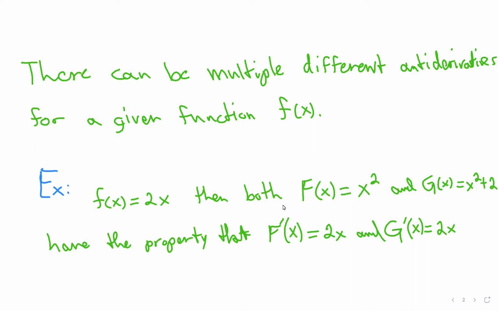And if you take the derivative of capital G of x, which is x squared plus 2, you'll get the derivative being 2x out of that as well, since that extra 2 that we added on is just going to go to 0 if we take the derivative. So you actually end up with 2x for both of these answers, which is the original function of f of x that we were looking for. So both capital F of x and capital G of x are potential antiderivatives of our small f of x.